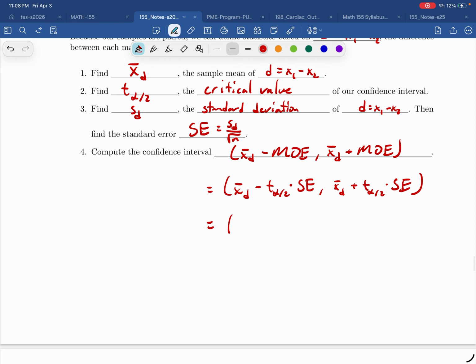And that, of course, is the same as this guy once more, times sigma d over root n, to this guy plus this guy times sigma d over root n. Okay, so there we go.